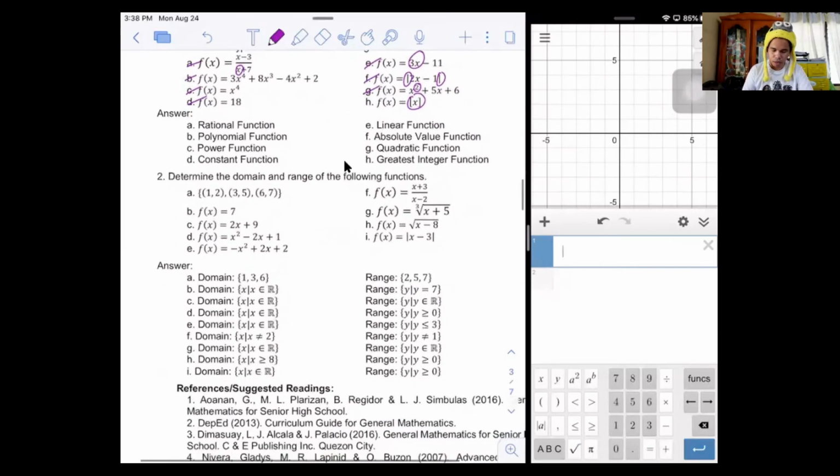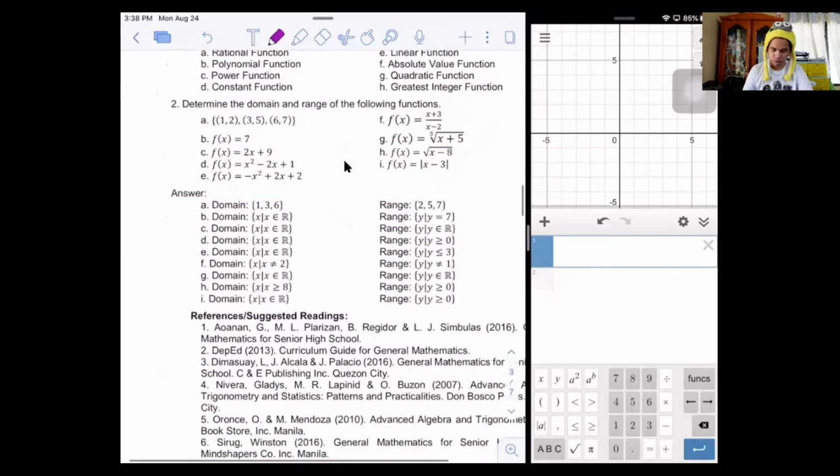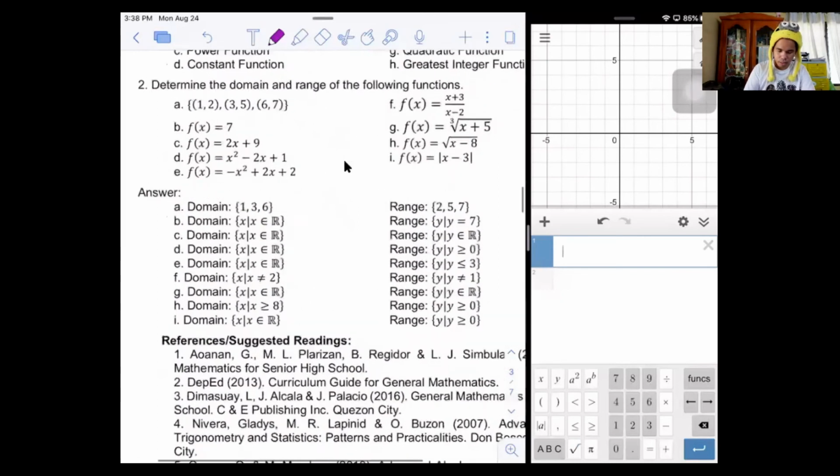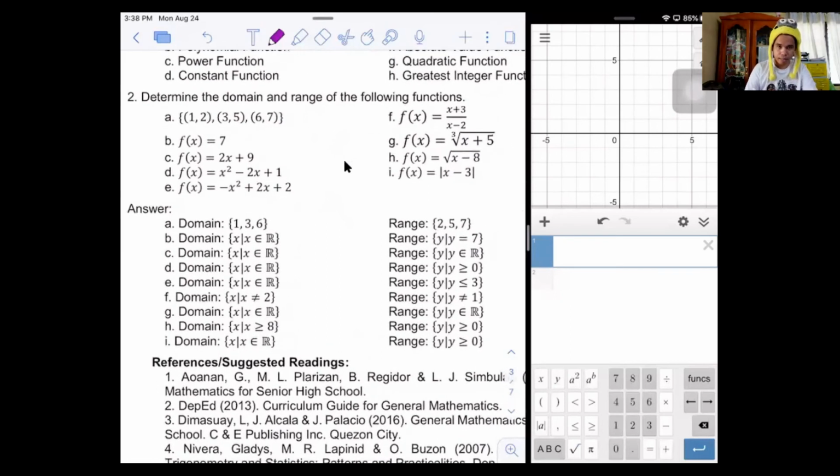Now, how about in determining the domain and the range? So here, for number 2, the domain is 1, 3, and 6. For letter F, for the range, I mean, so we have 2, 5, and 7.